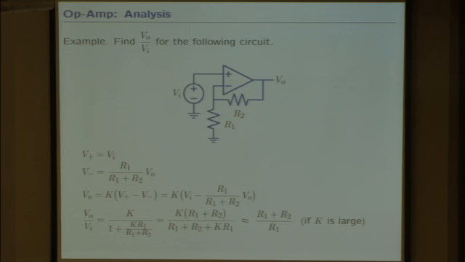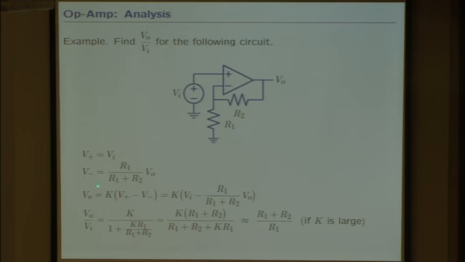Node voltages tend to be easy. I'm thinking node voltages, so I'm going to define all my voltages referenced to a ground. So I'll call this node ground. That's what the funny symbol means. Then this node voltage, the voltage at the plus terminal, is just the same as the input voltage.